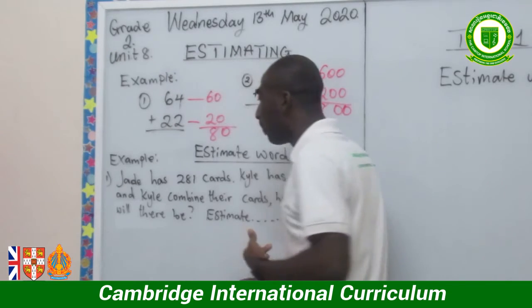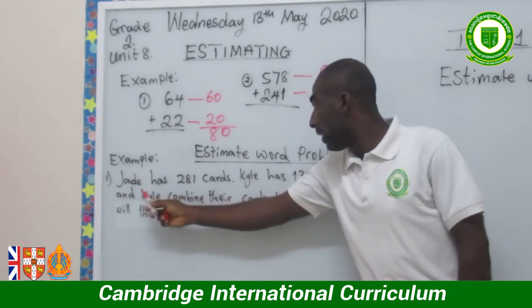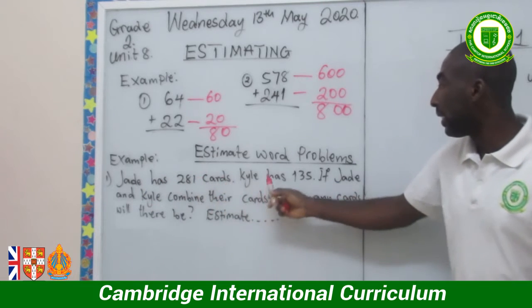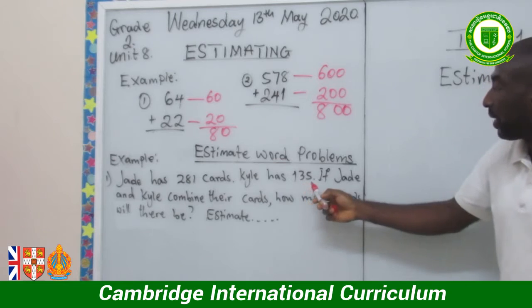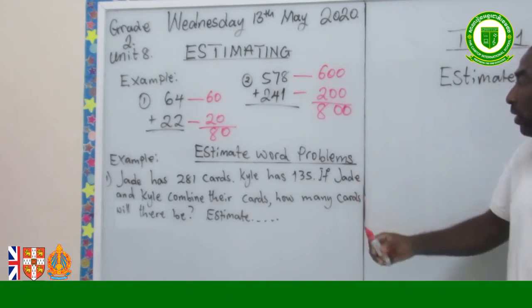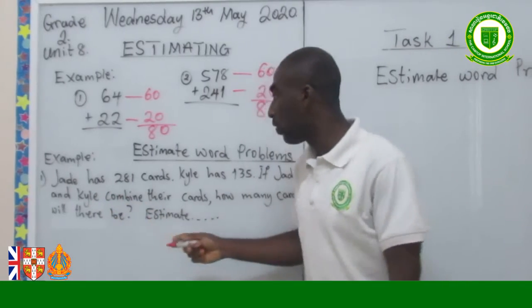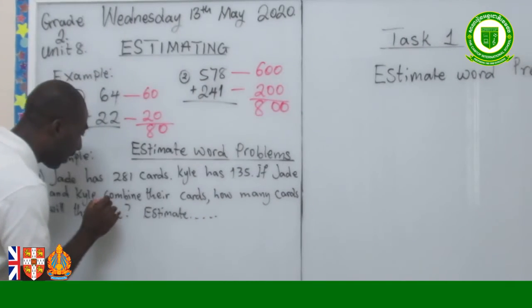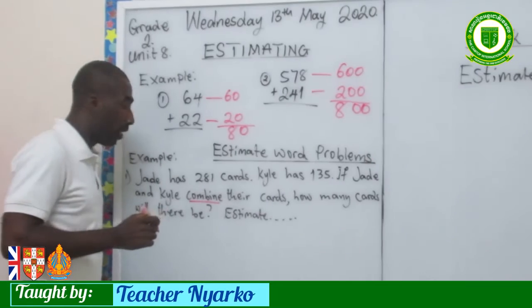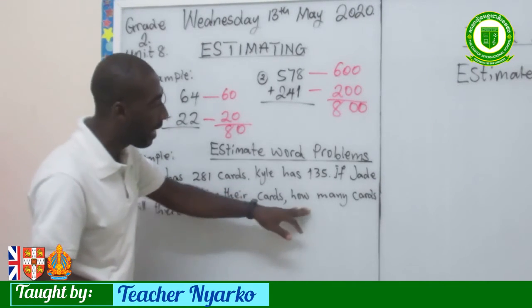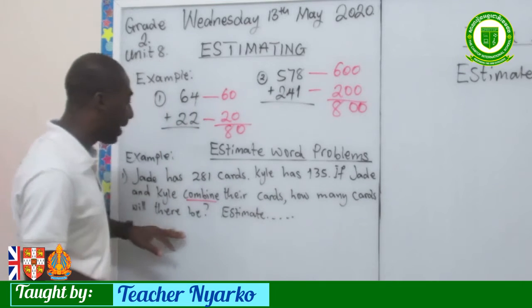With our word problem, we have that Jake had 281 cats and Kelly has 135 cats as well. If Jake and Kelly combine, so the keyword here is what? Combine. Okay? So if the two of them combine their cats, how many cats will there be?